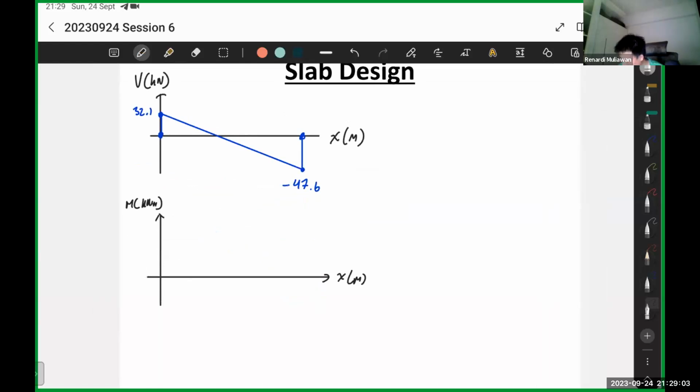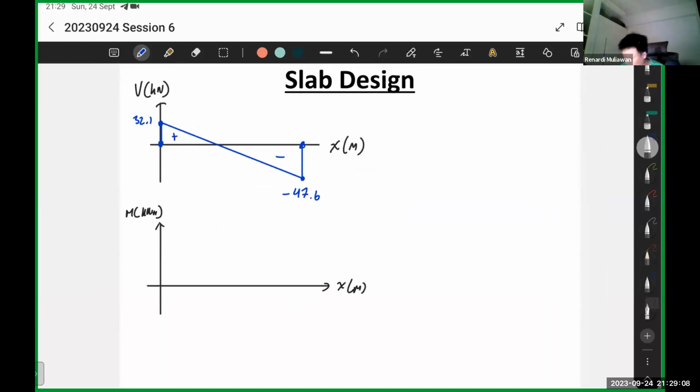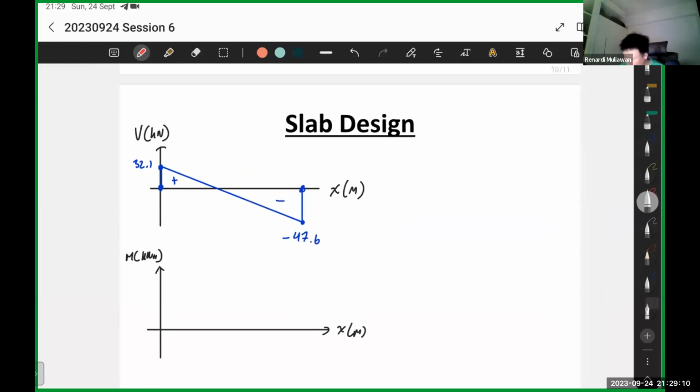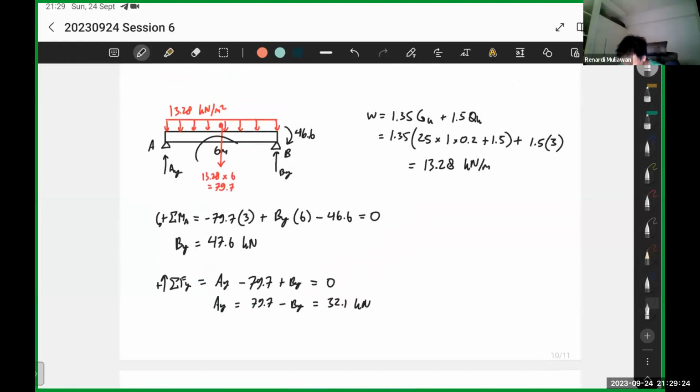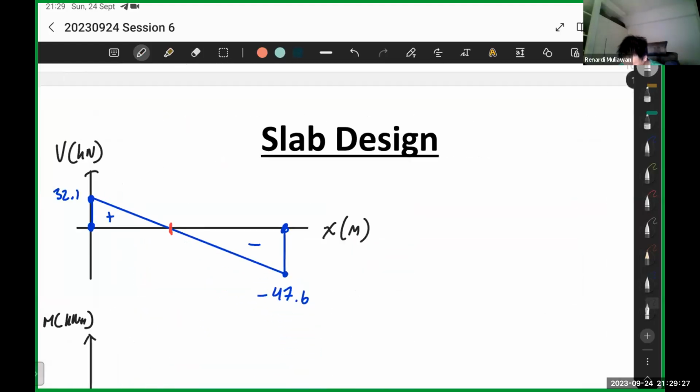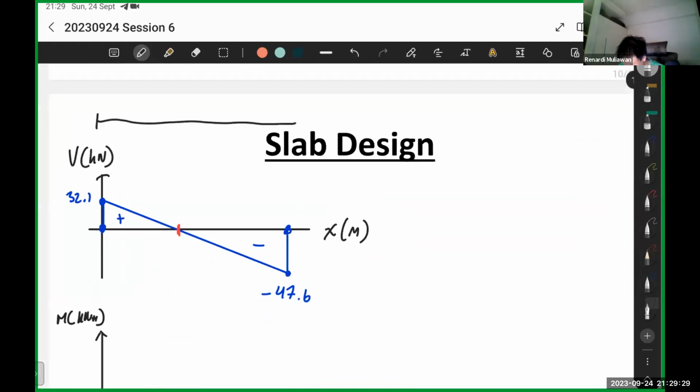If you remember from your MOM, the area of your shear force diagram is your moment. Oh, sorry. First things first, we need to find the area of this triangle, but we need the distance first. So in this case, the distance is 6 meters.